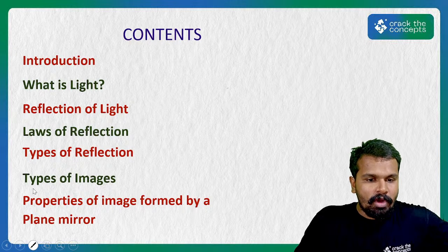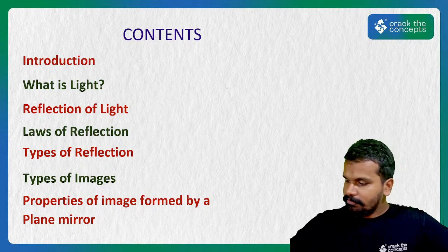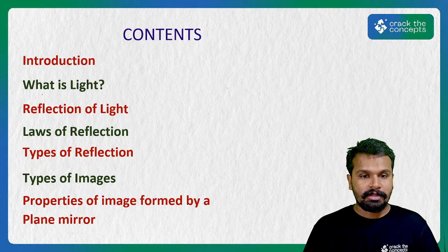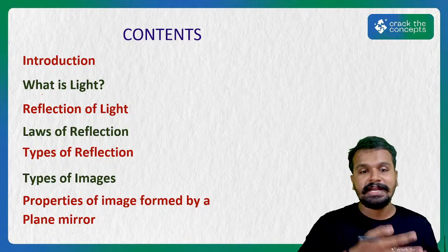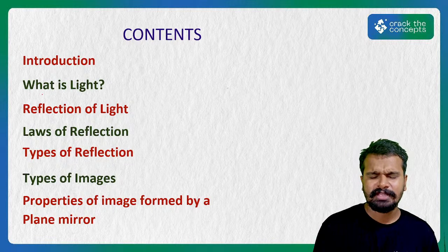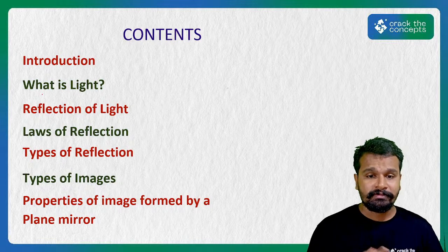We know that when we switch on a torch, something comes out and that is light. Is that the only definition for light? That we'll see, and then we'll go for reflection of light.